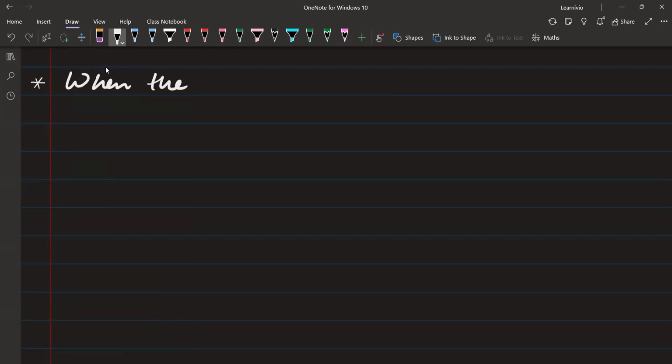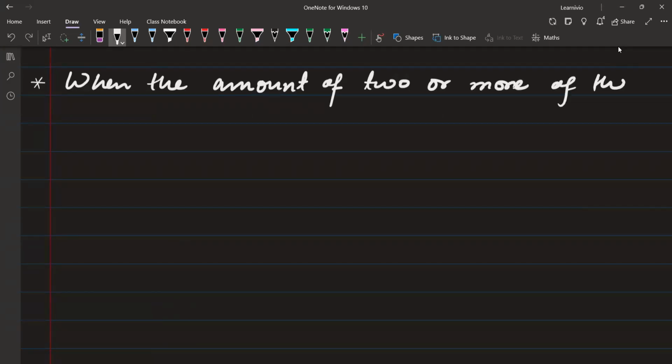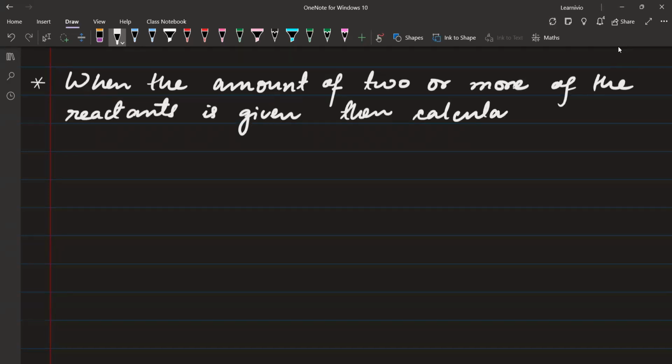When the amount of two or more of the reactants is given, then calculate MCR of each reactant.